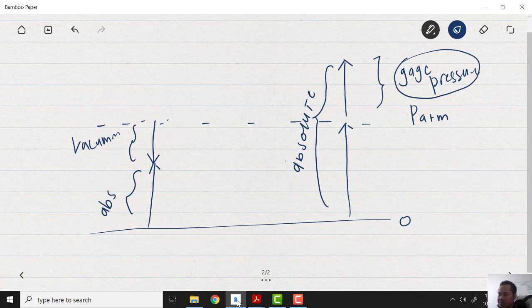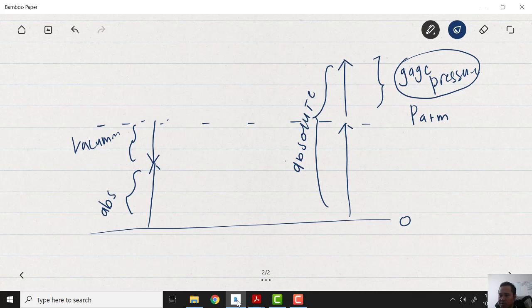Usually the gauge pressure is what you read when you pump your tire at the local pump station. You are using the gauge pressure to pump your tire, not the absolute pressure.